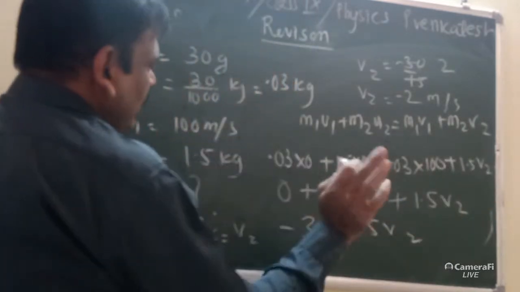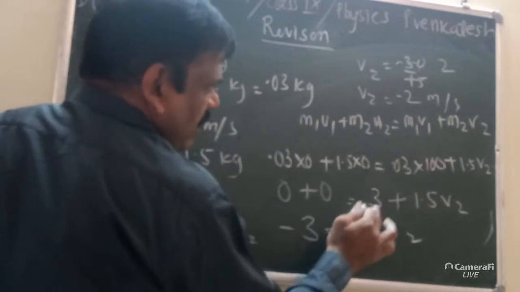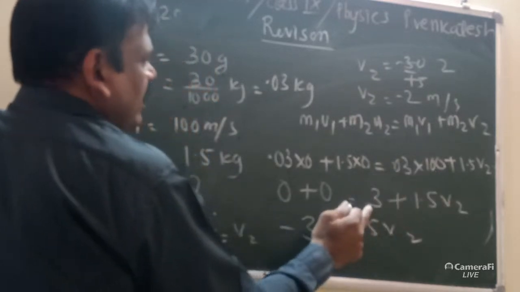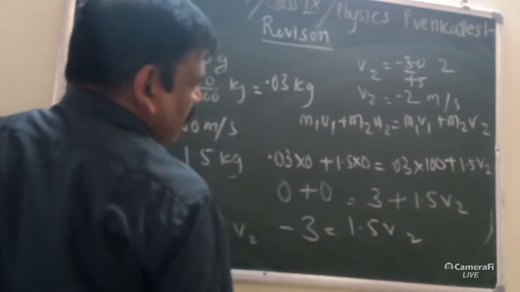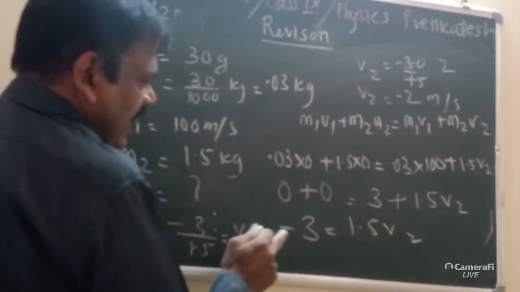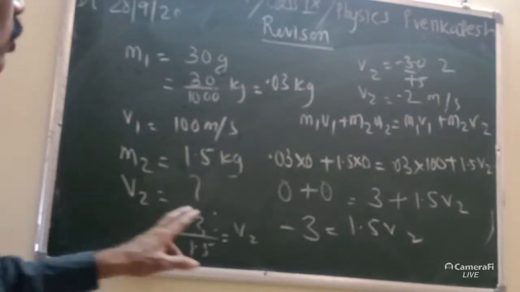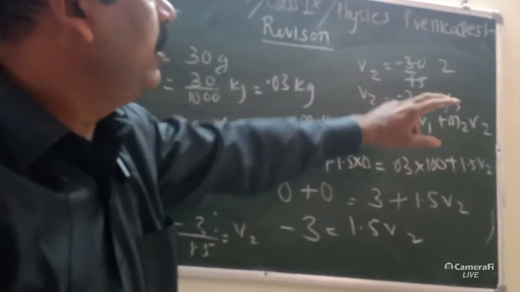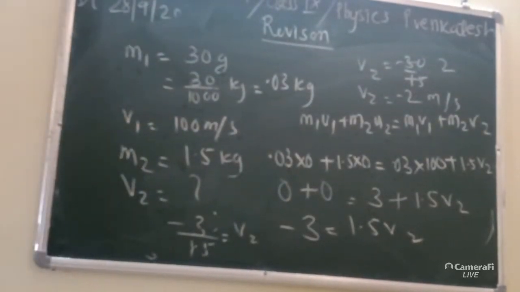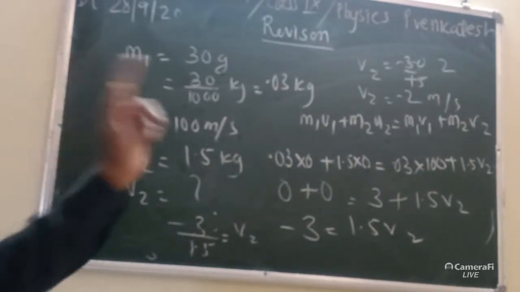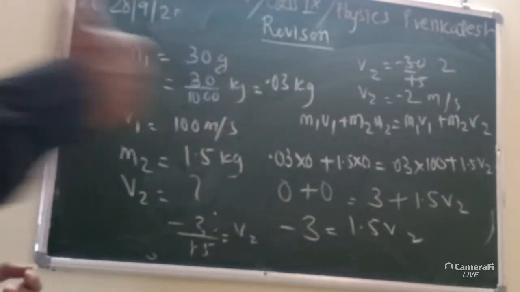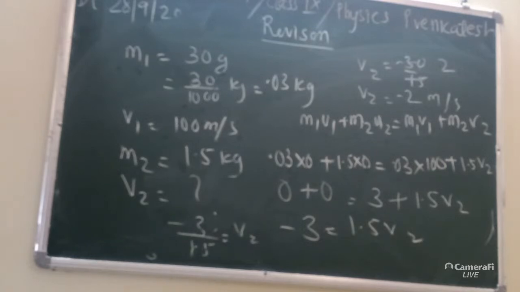This whole thing will be 0. You will get 3 plus 1.5 V2. Taking this side, minus 3 equals 1.5 V2, so V2 equals minus 2. The negative sign indicates that the pistol will move backwards.